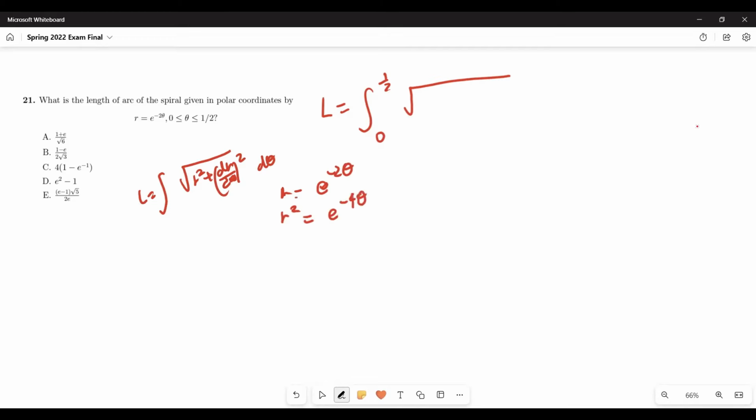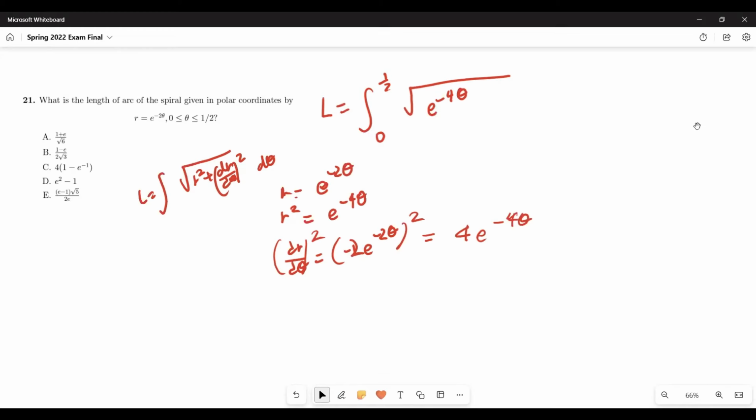So e to the negative 4 theta, and then dr over d theta is going to be simply negative 2e to the negative 2 theta, and that value squared is going to be 4e to the negative 4 theta.